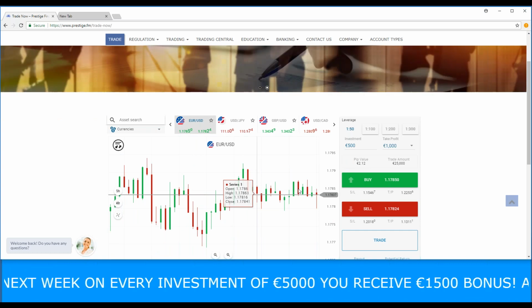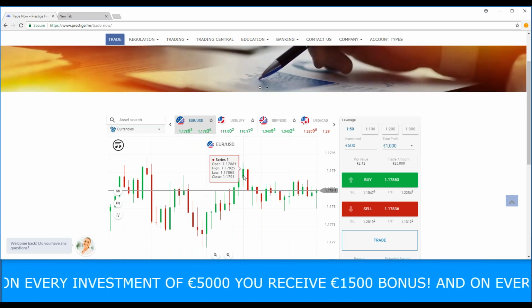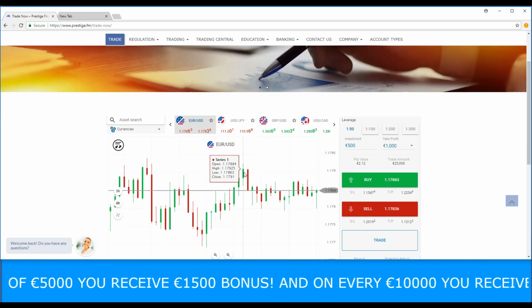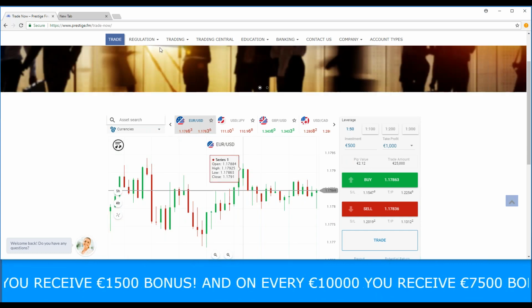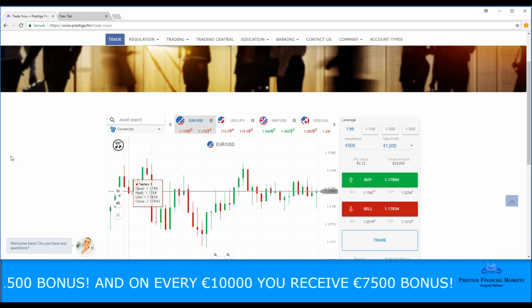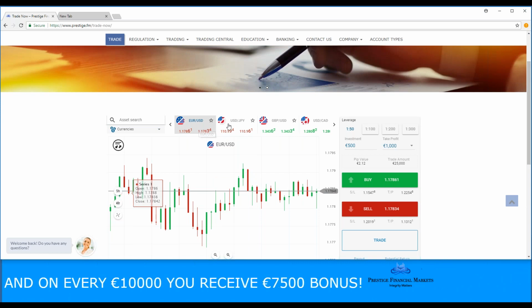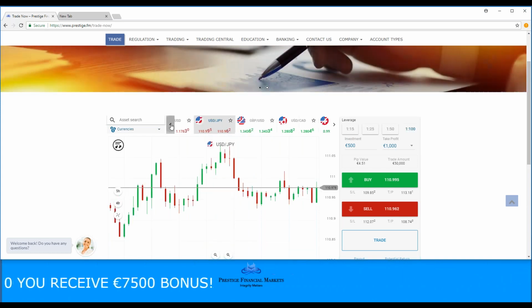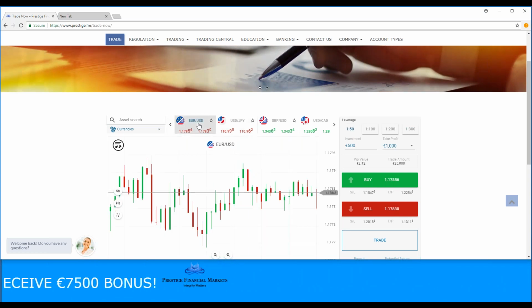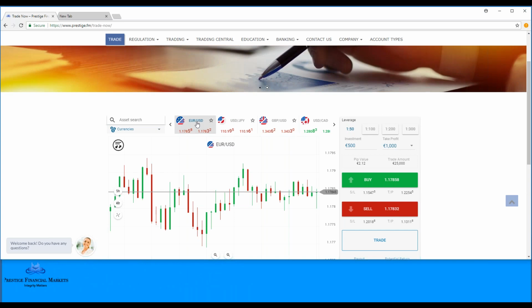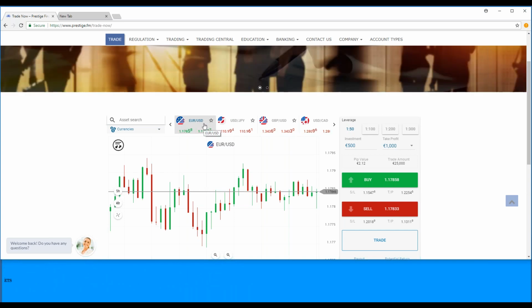And of course, the green candles are the bullish candles, and the red ones are the bearish candles. So under currencies you can find the currency pairs. If you are using euro against US dollar, that means you're trading euro against US dollar.